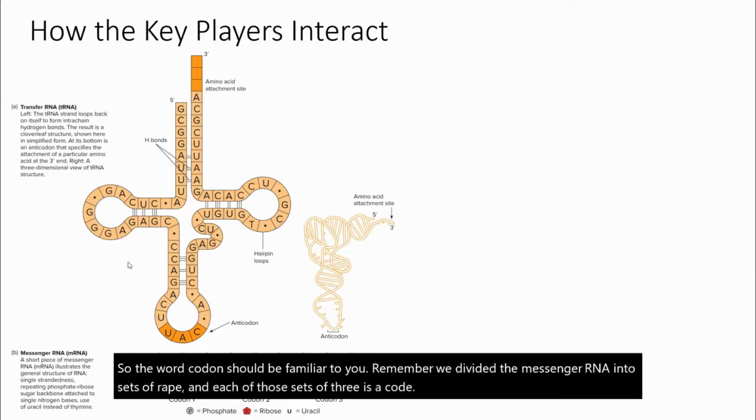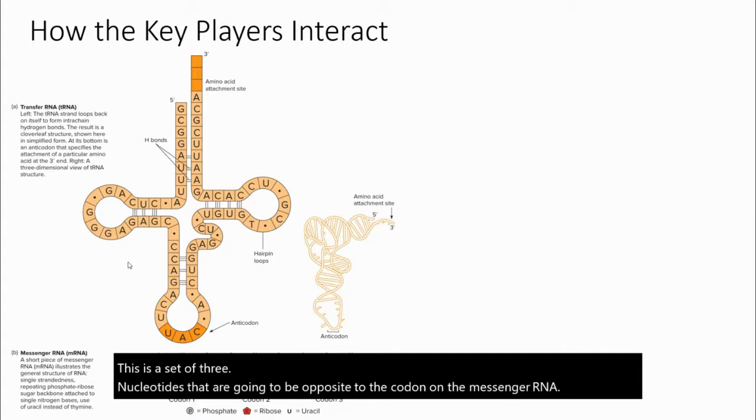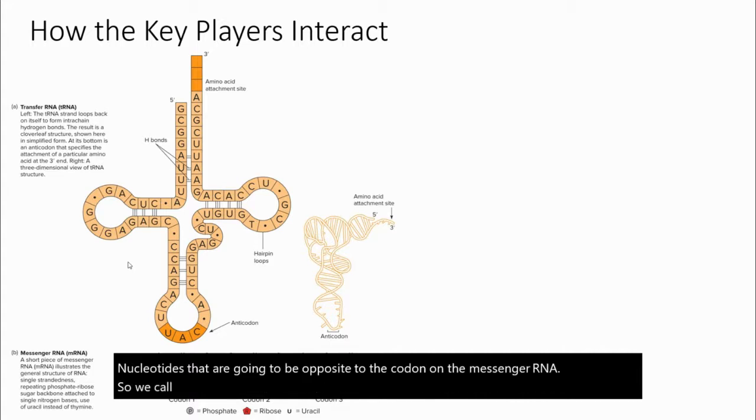Well, this is a set of 3 nucleotides that are going to be opposite to the codon on the messenger RNA. So we call it anticodon because anti means opposite. So if the anticodon is UAC, then the codon that it will recognize is going to be opposite of that.